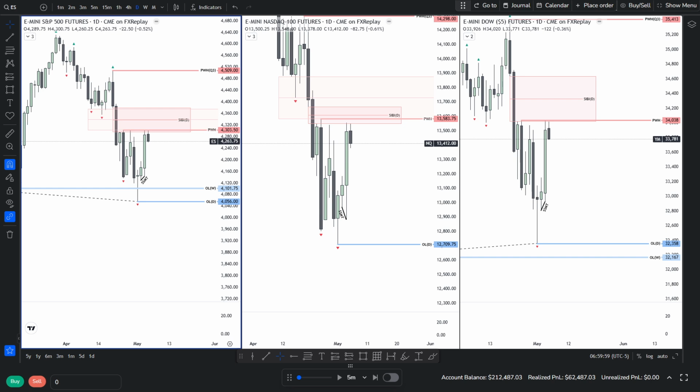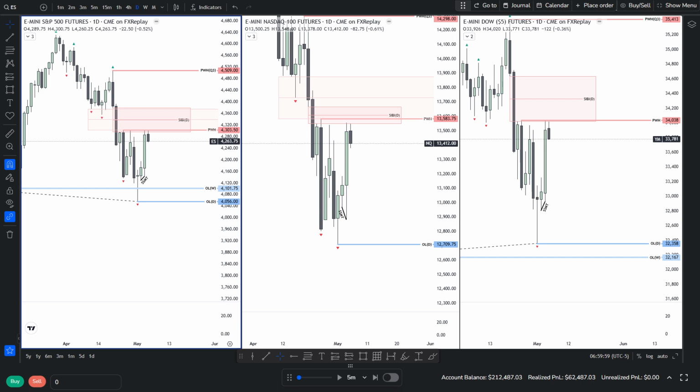However, I would need to see either a bearish fair value gap violated or a daily liquidity pool traded and closed above to support a switch in institutional order flow. We haven't seen that yet.